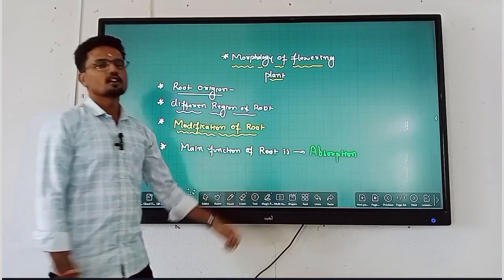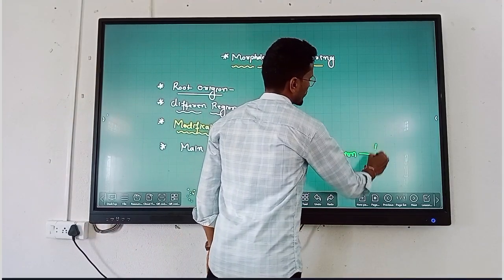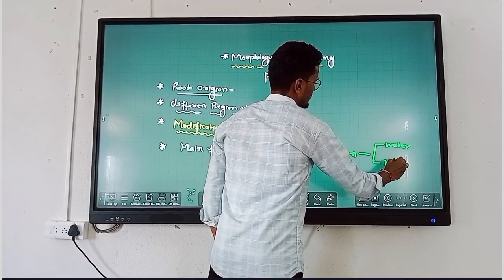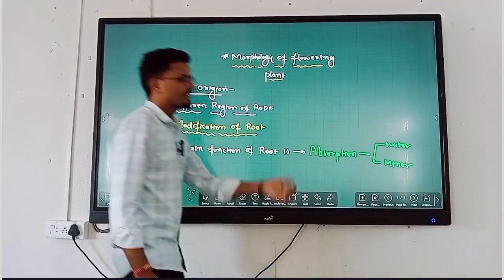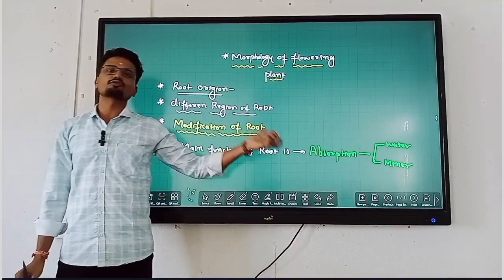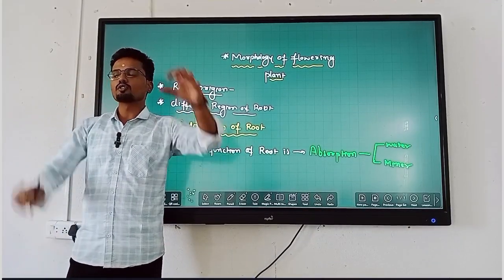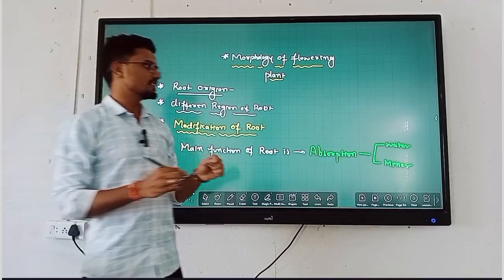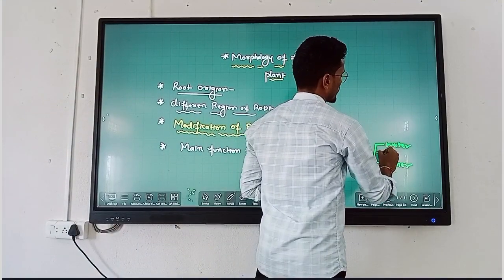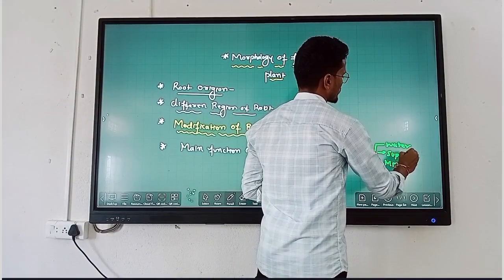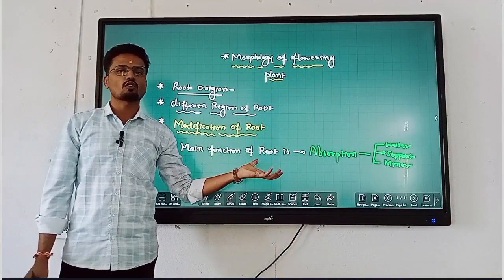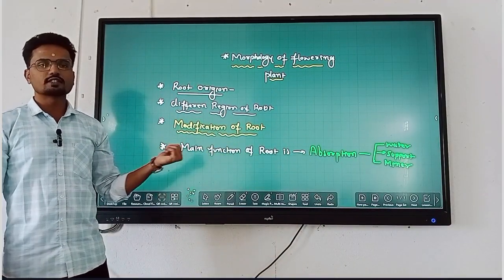Absorption of what? Minerals and water. Actually, nature has developed this root structure to absorb mineral and water simultaneously. It will give support also. This is the common function of a root that we have studied.